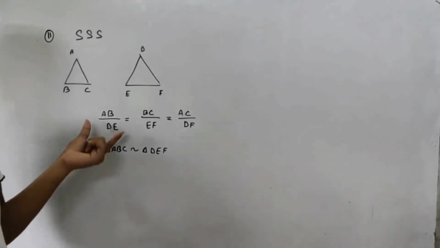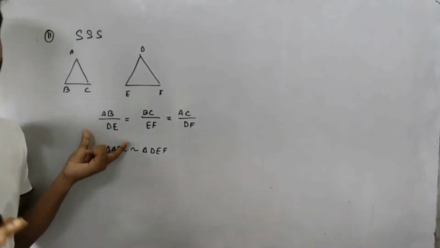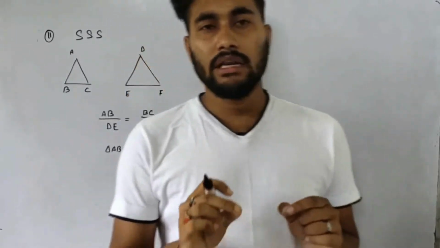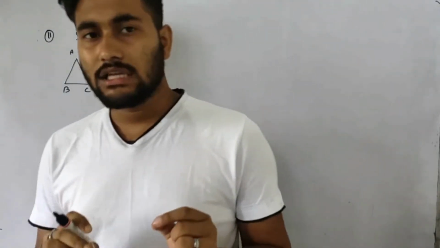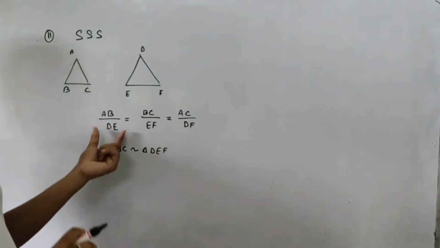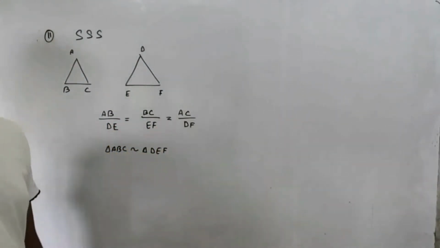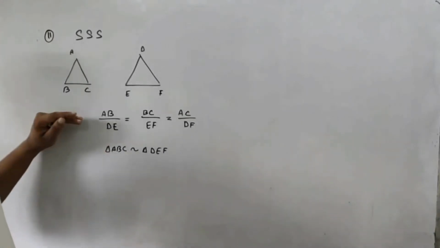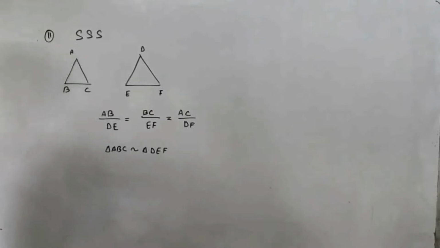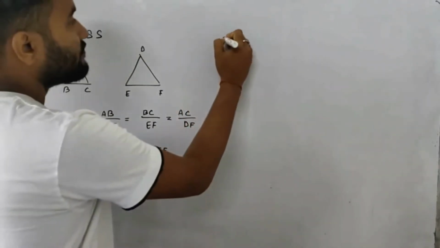In the case of angles, we have to show that the angles are equal, but in the case of sides, we will not show that the sides are equal. We will show that the sides are proportional. So this is 1 by 2, this is 1 by 2, this is also 1 by 2, like that. If you can show this, then your triangles will be similar.